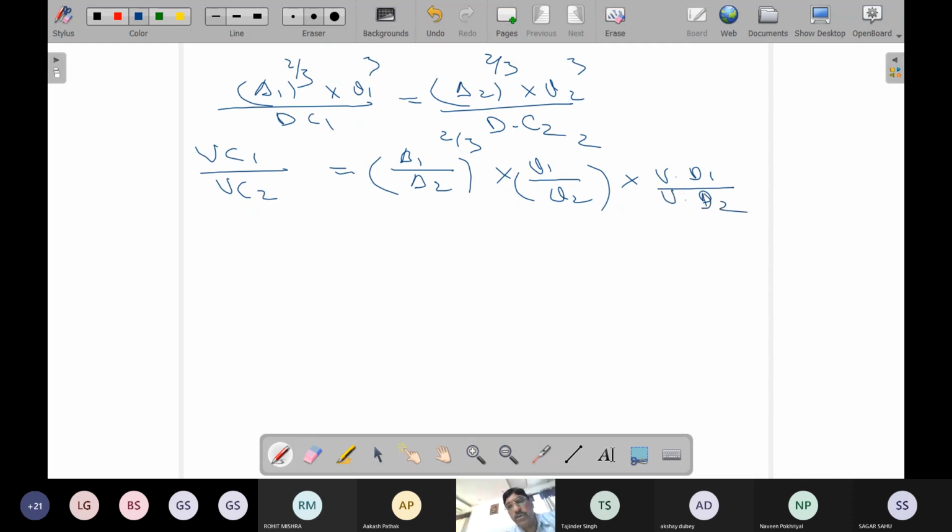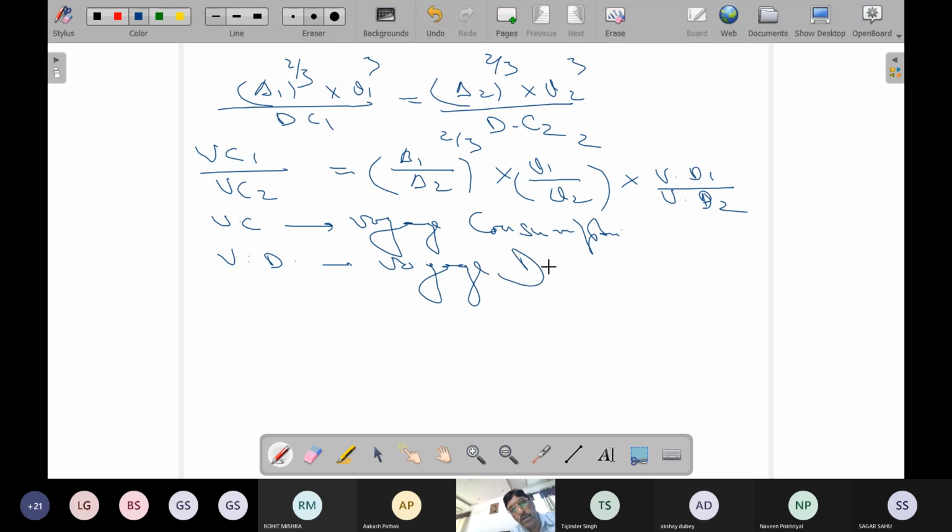VD1 and VD2 are the short forms for voyage distance. VC is voyage consumption and VD is voyage distance. Voyage consumption will be in tons. Voyage distance will be in nautical miles.